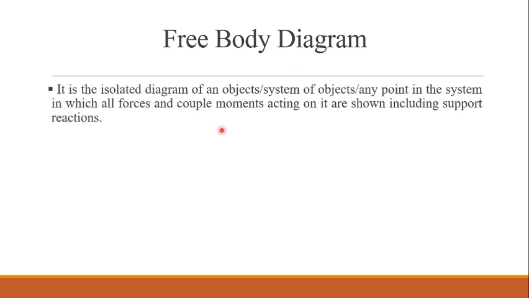So let us see the definition. The free body diagram is the isolated diagram of an object or a system of objects or any point in the system in which all forces and couple moments acting on it are shown, including the supporting reactions.